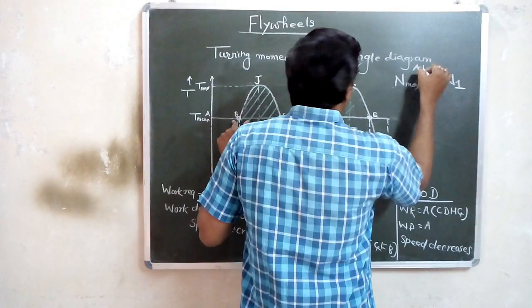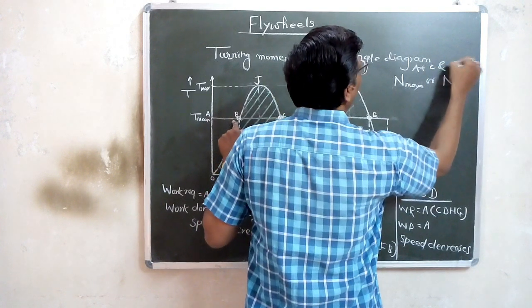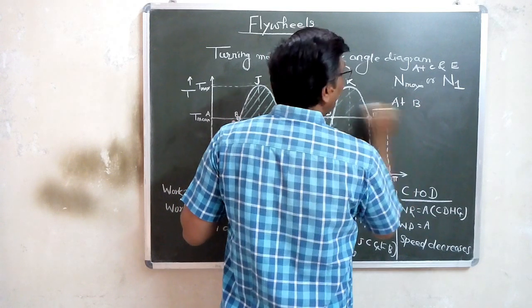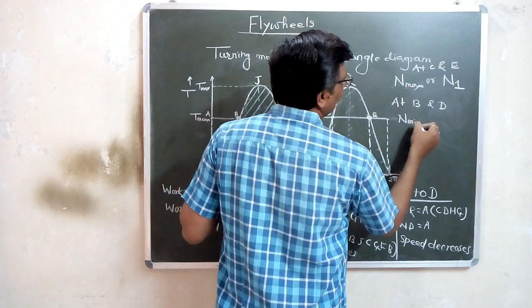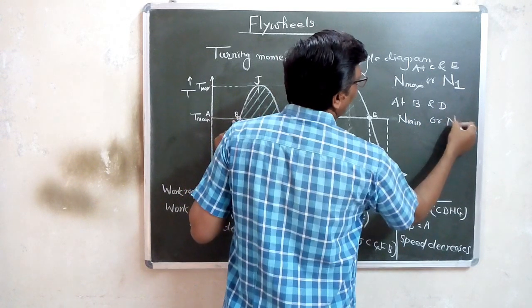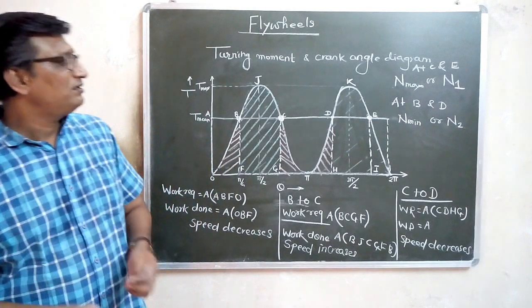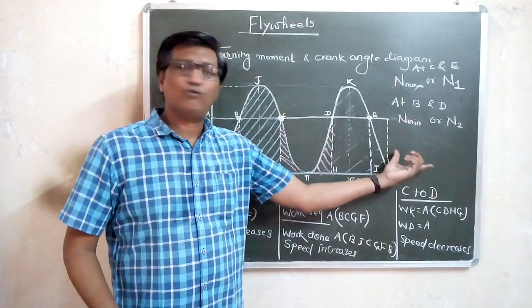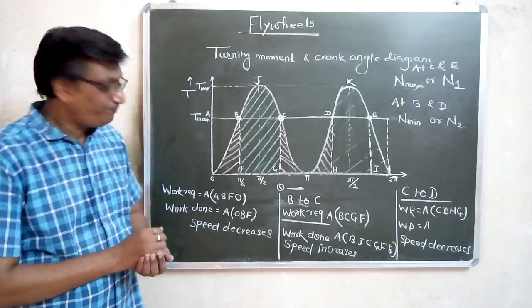So here at C and E you are having maximum speed. At B and D you are having minimum speed. So N mean or N2 you can say. Or in angular terms you can write omega max and omega mean. Okay. So now these terms you understand, I think so.